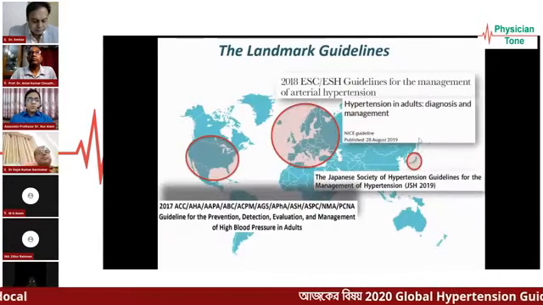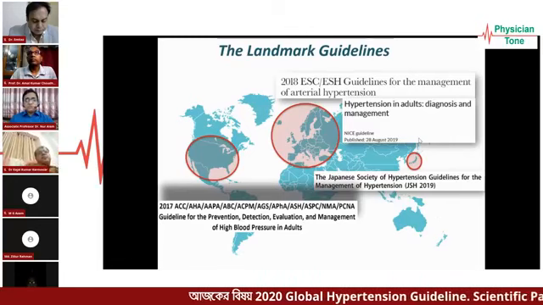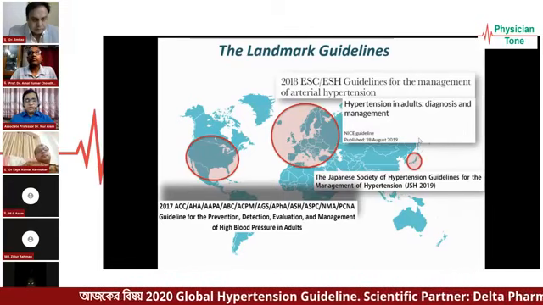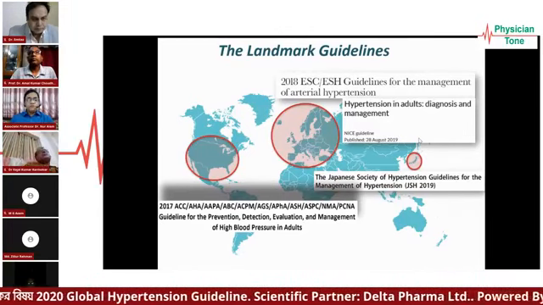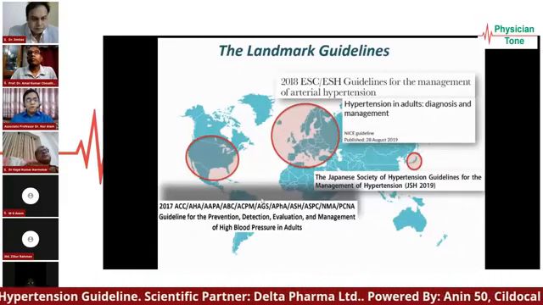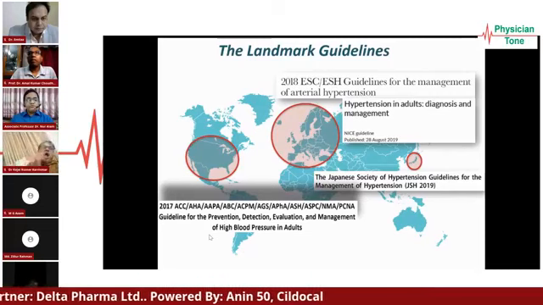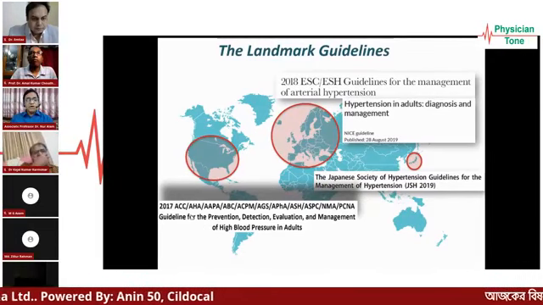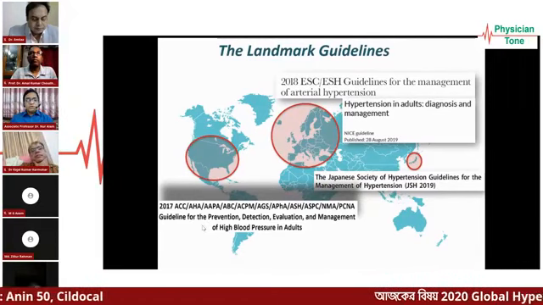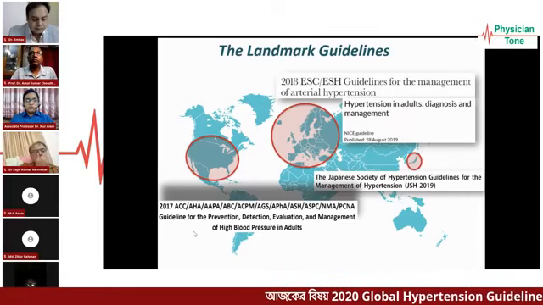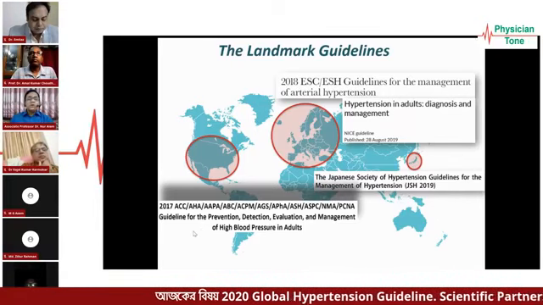And there are a lot of guidelines existing nowadays. If we can point out some important ones: the 2017 guideline by ACC/AHA for the prevention, detection, evaluation, and management of high blood pressure in adults.